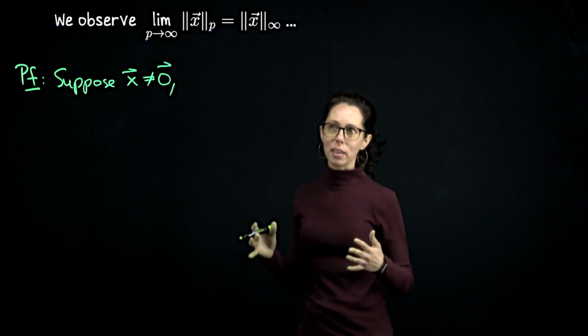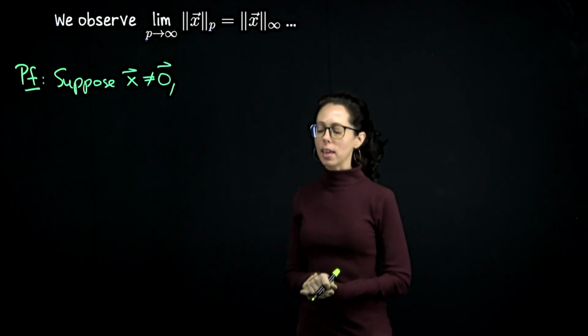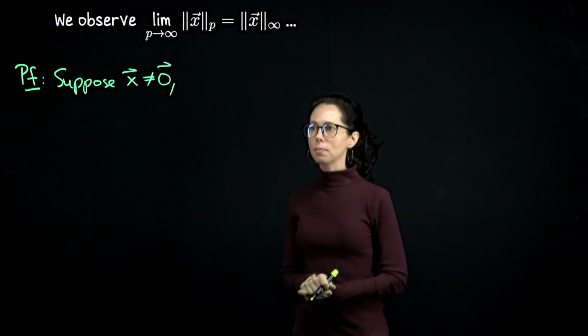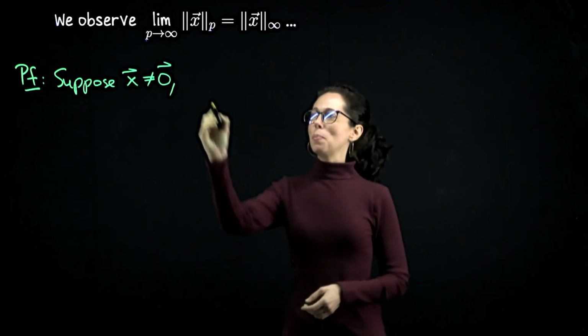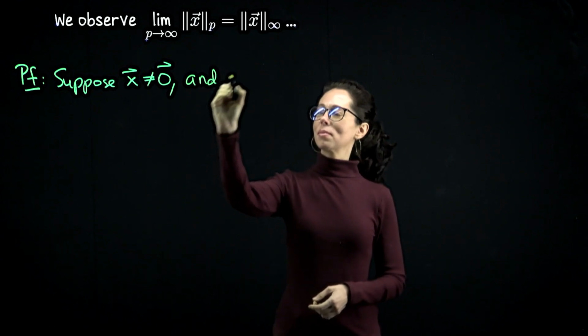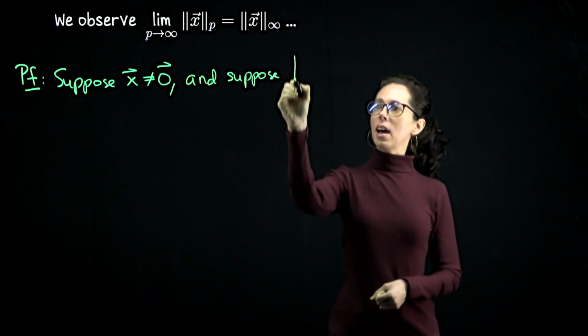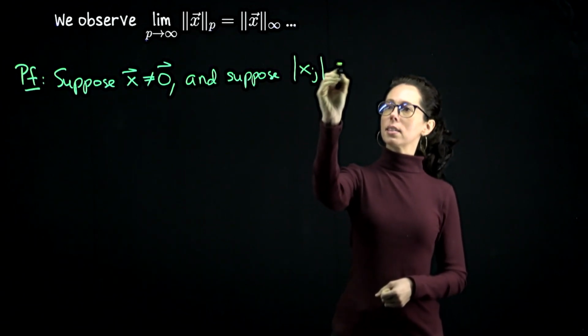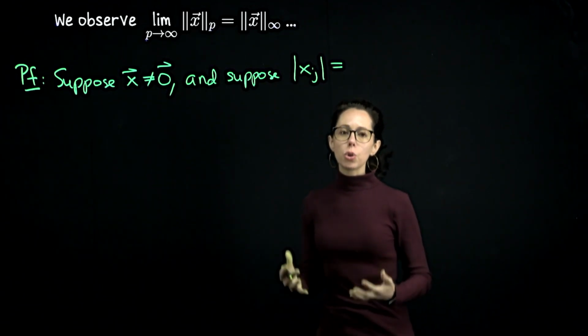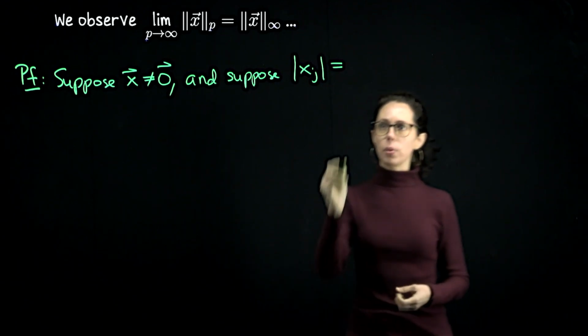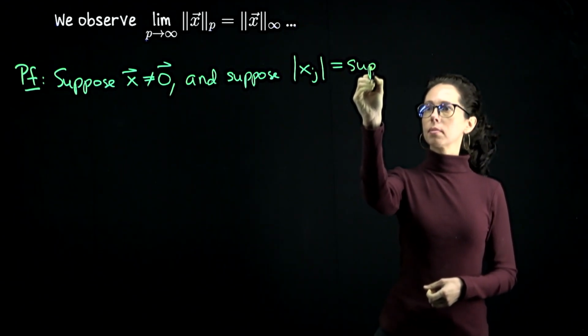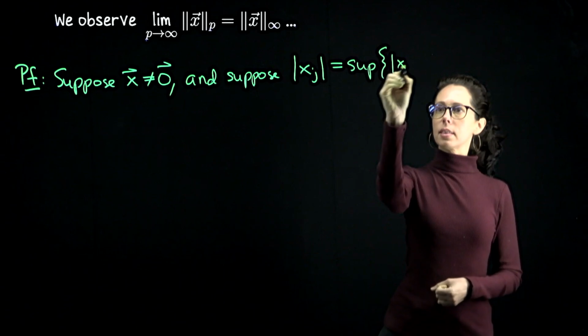So it's going to be the one that gives us the supremum of that set of coordinate sizes. What I'm trying to say is, suppose that the size of the jth coordinate is the sup norm of x. So it's the sup of this set.